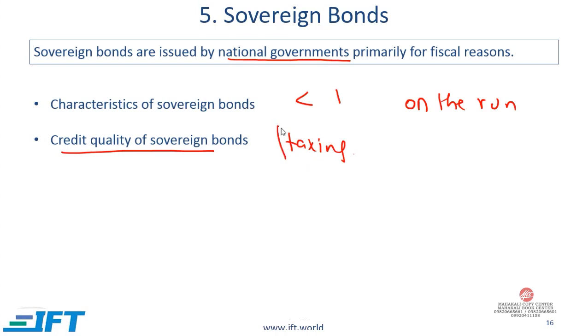Because governments have taxing authority and can also print money, generally sovereign bonds are considered to have very low credit risk. In any case, credit rating agencies such as Moody's, Fitch, and S&P do assign credit ratings to sovereign bonds, and by and large these credit ratings are very good.